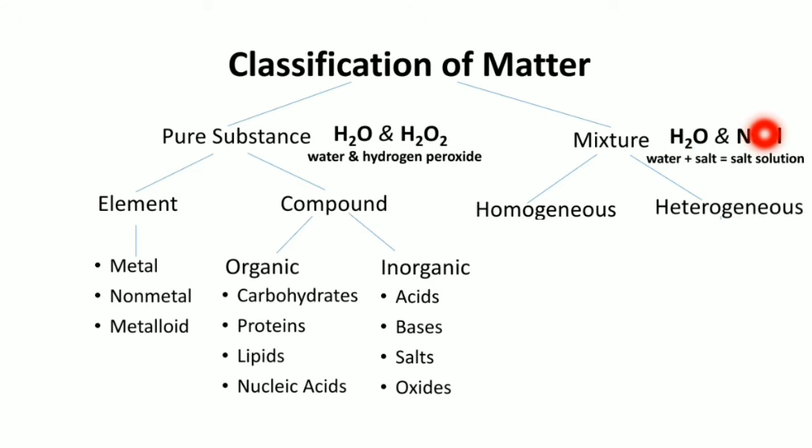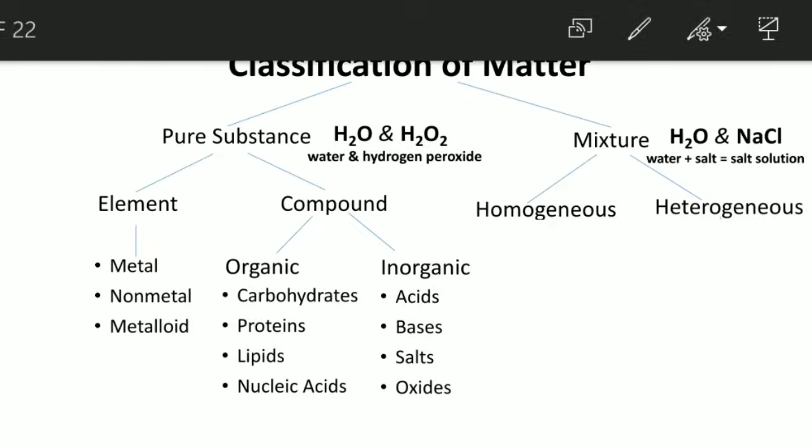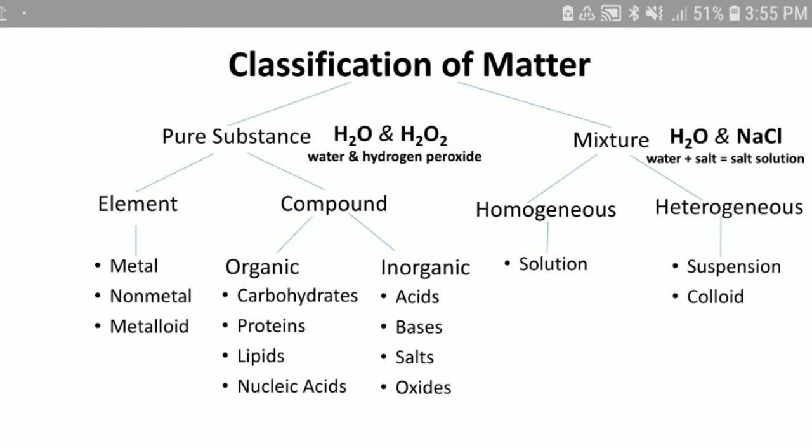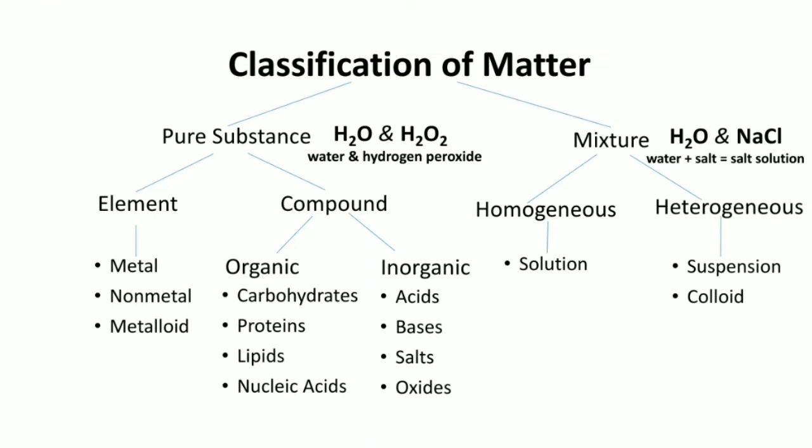By the way, homogeneous mixtures are also called solution, while the 2 other subclasses, suspension and colloid, are already under heterogeneous. So when we say heterogeneous mixtures, there are 2 or 3 states of matter or phases in the mixtures.